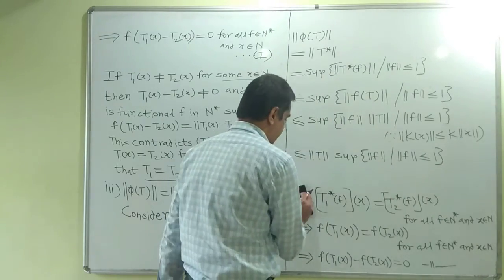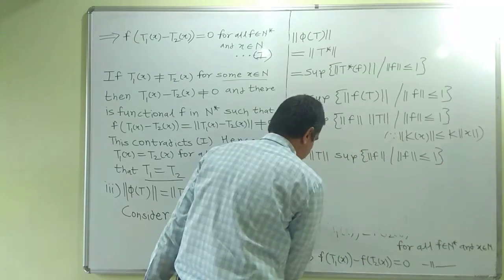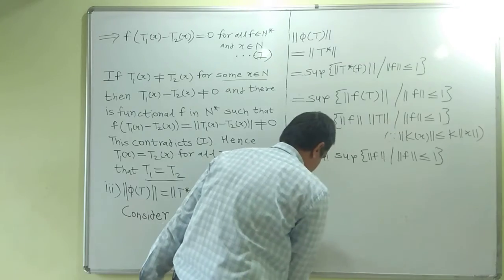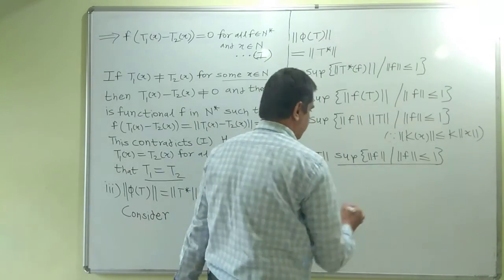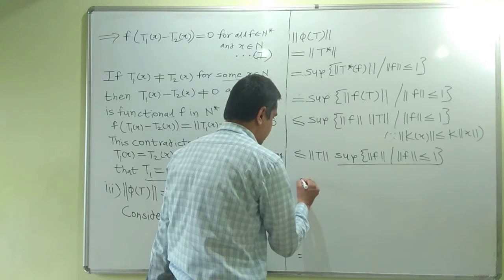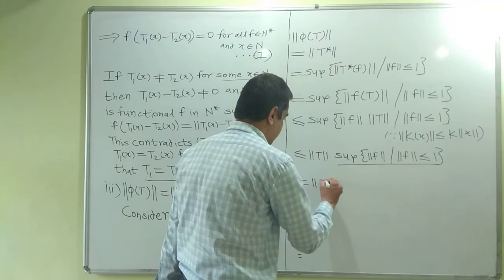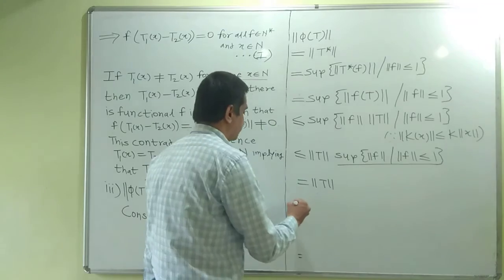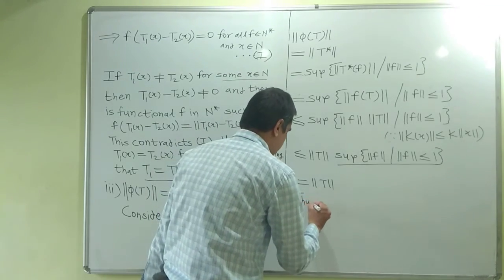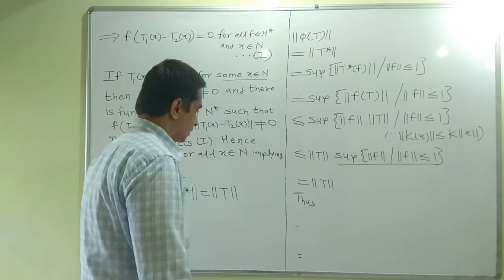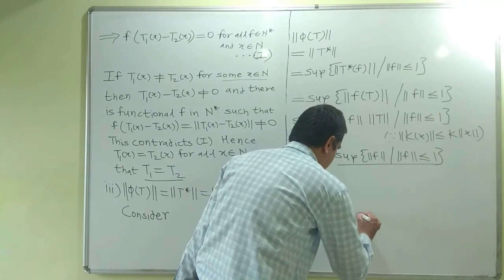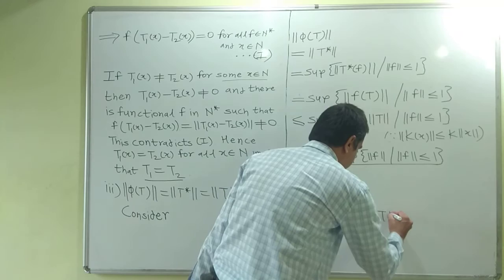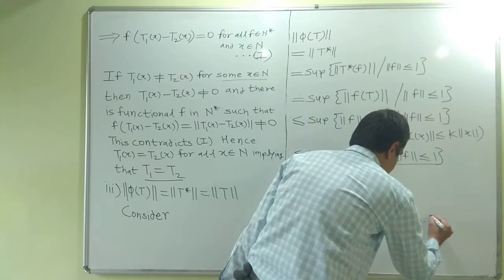So this implies that this is clearly 1. So this is equal to norm of T. Thus what we proved, this norm of T star is less equal to norm of T. So this is the second statement.